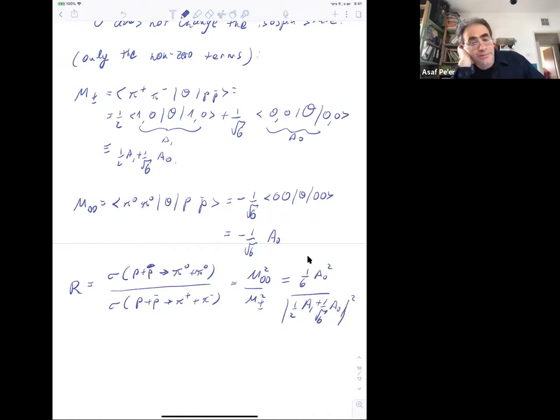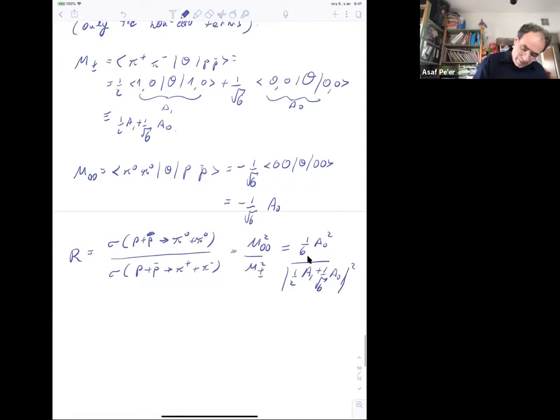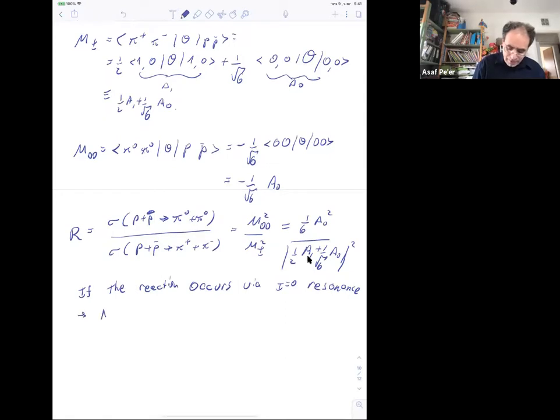Now the reaction occurs via some intermediate state, that's called the resonance state. So if the reaction occurs via an I equal to 0 resonance, then obviously A0 is much greater than A1, and you get that R is approximately 1.